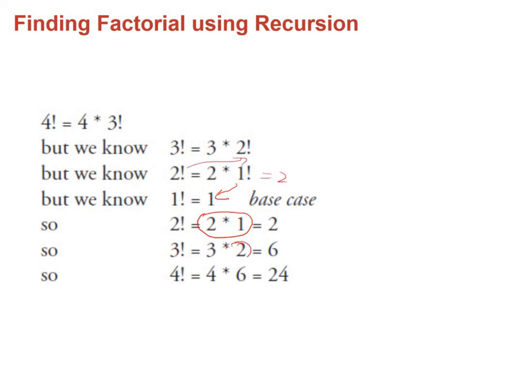And you get 3 times 2 is 6, and that is replaced over here. So you get 4 times 6, and that's 24. And that's your answer.